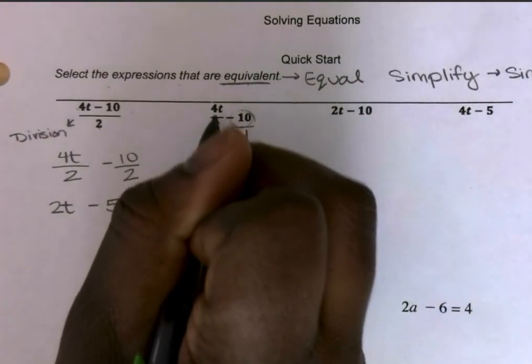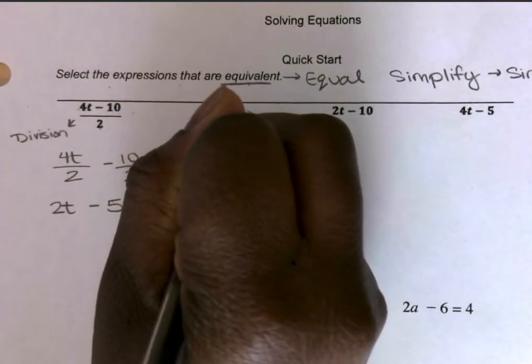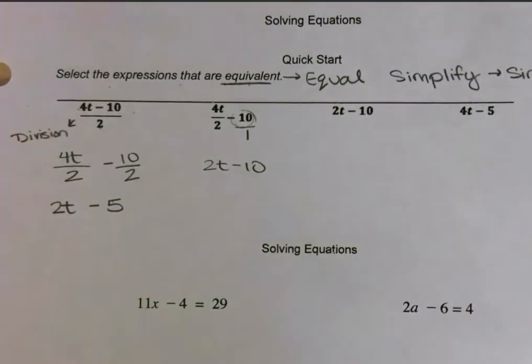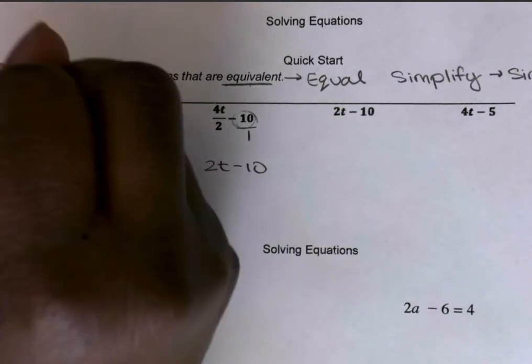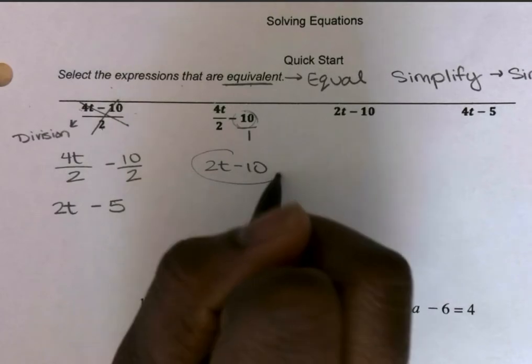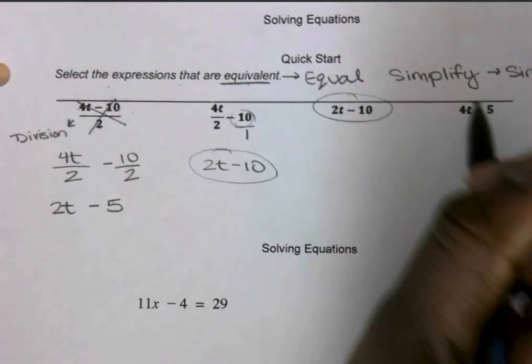So I only have 4t divided by 2, it's going to be 2t minus 10. Now that I've reduced all of them, we know that this first expression does not have anything equal. This next one is equal to this, and this one doesn't have anything equal.